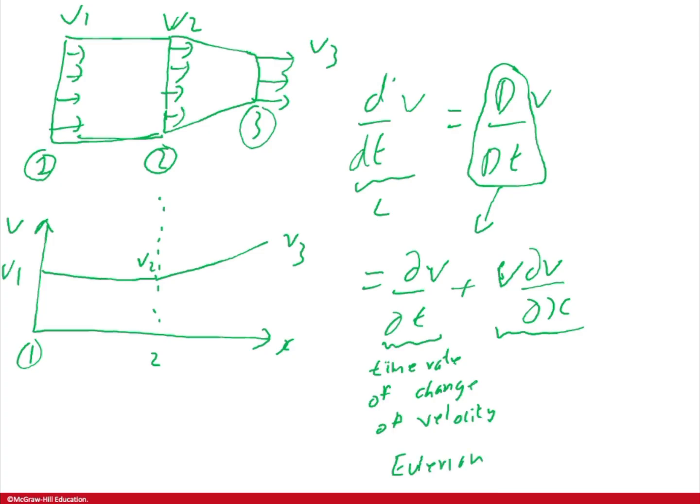And the second term represents the spatial acceleration, the acceleration associated with the velocity. So it represents the flux, or is also called the convective acceleration. Okay, and this is also from the Eulerian perspective, right?